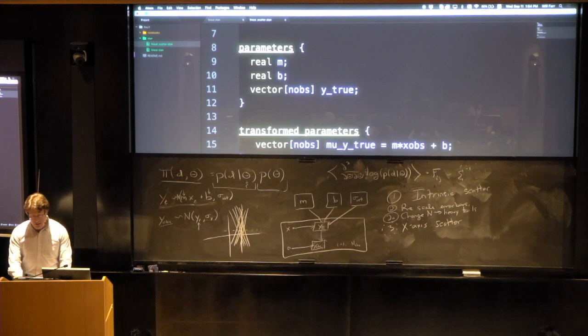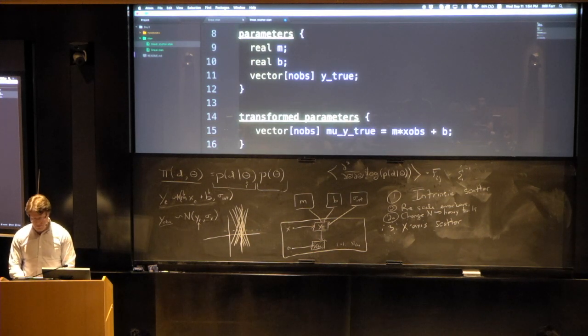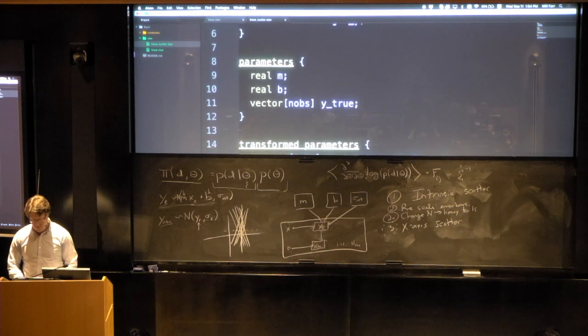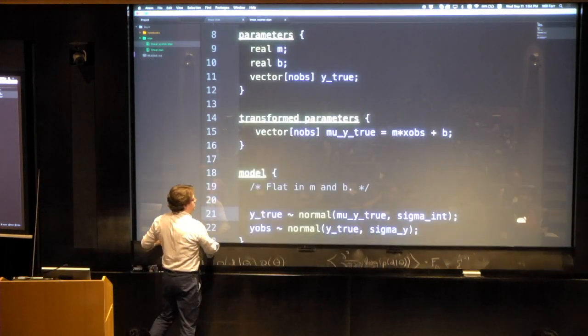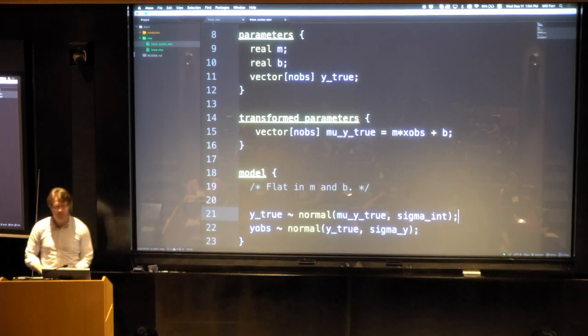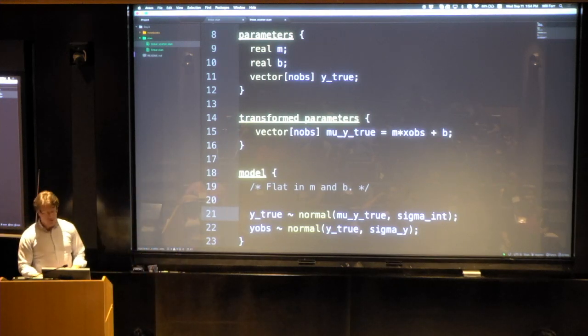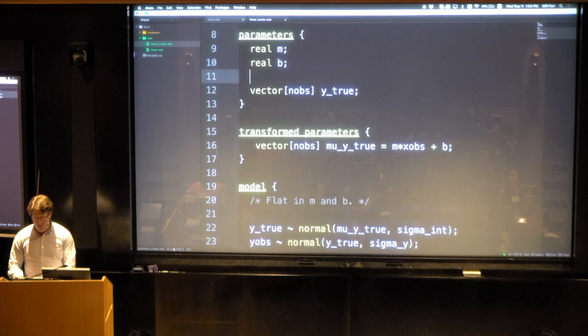Its mean value is given by mx plus b. Oh, crap. Thank you. Right, that's what I wrote down before. And we have one more parameter.